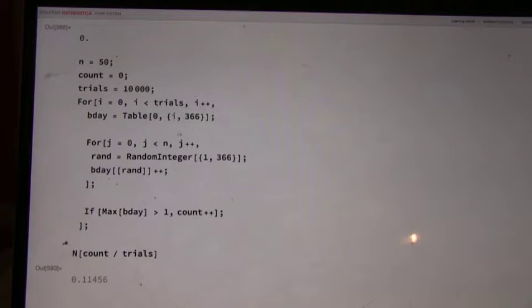So maybe around 1/7. Do you know what 1/7 is as a percent? 14%, I think. I mean, we had around 10% for 10 people, so maybe it should be more, around 50.